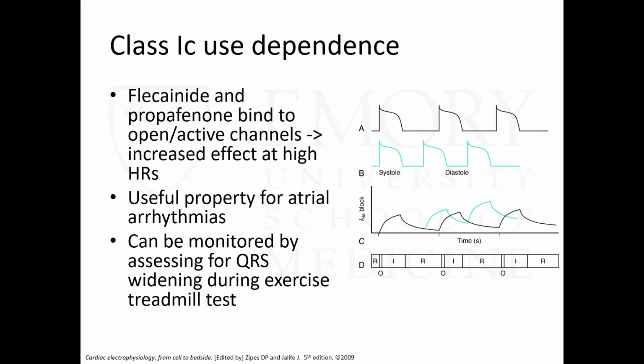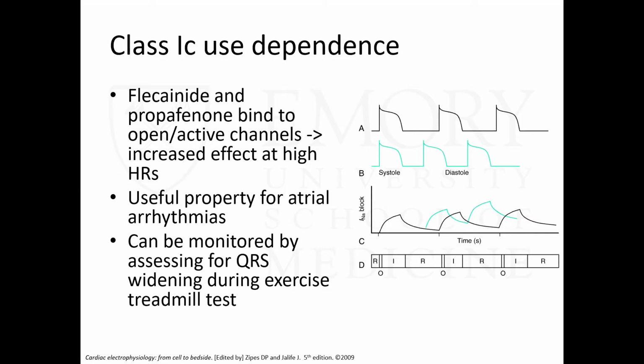And the effect of the propafenone or flecainide, if you take it on a regular basis for Afib, is relatively blunted. But if all of a sudden you go into Afib, now your atrial myocytes are depolarizing 300, 400, 500 times per minute. And those sodium channels in the atrium are opening much more frequently. And so the drugs are more likely to bind and have an effect. And so the use dependence can be helpful for atrial arrhythmias.